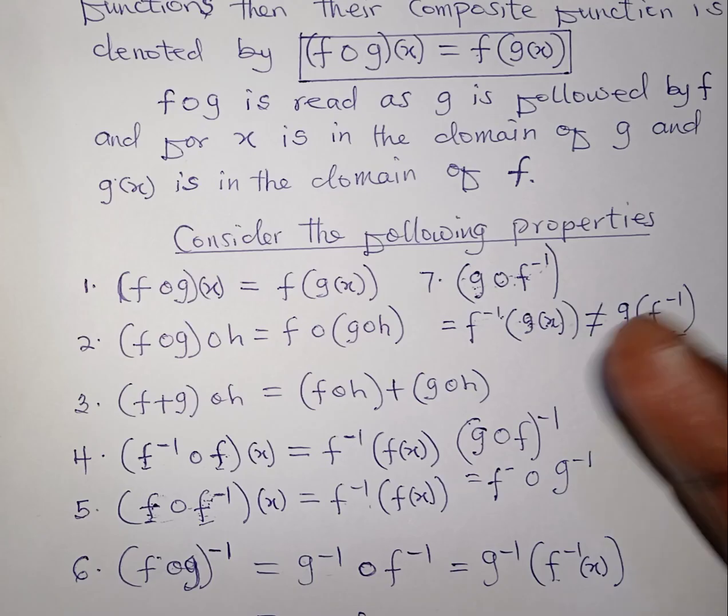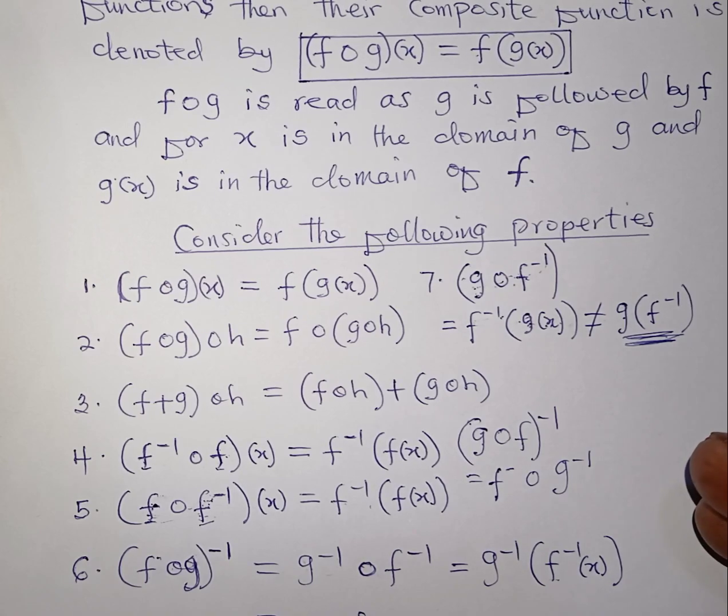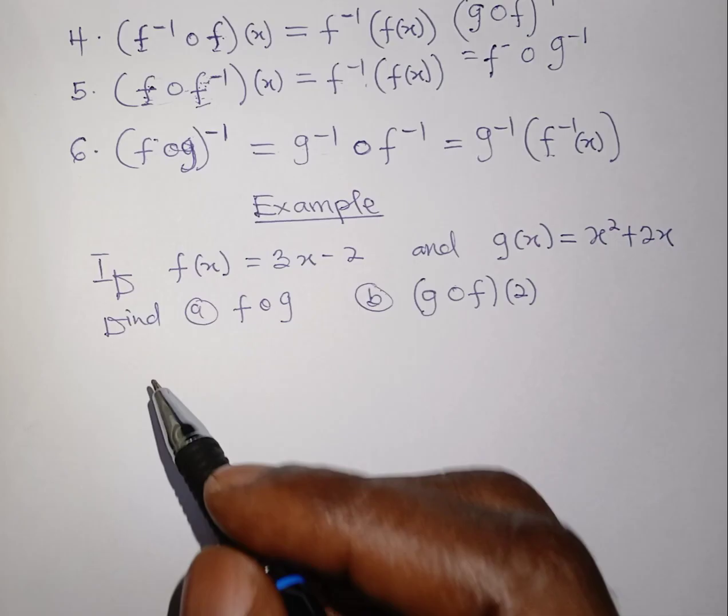Okay, so once we are able to go through these properties, then let's take one or two examples and solve, so that we can end this lesson, then solve more examples in the next video that will be posted. All right, so let's take two or more examples on this.